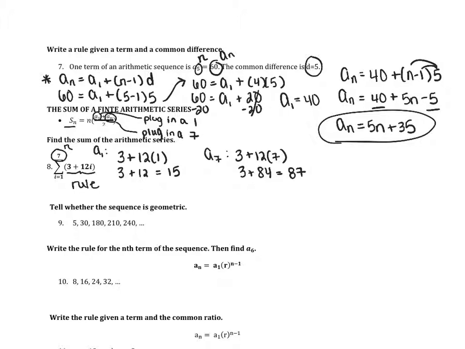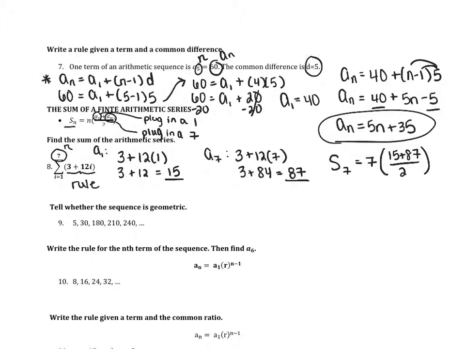So in your formula that's written above, the sum going up to 7 is equal to, there's an n on the outside. n is 7. 7 times the parentheses a1 plus an, and that was when we calculated a7. So it's these two things, 15 plus 87, on the top, over 2.